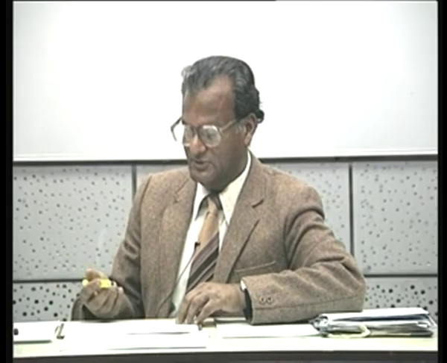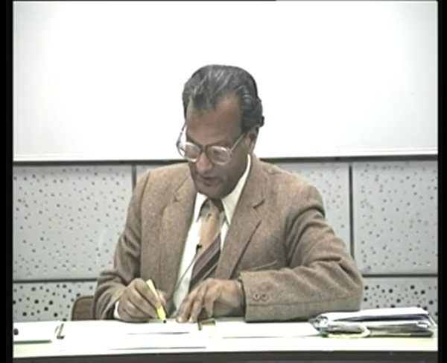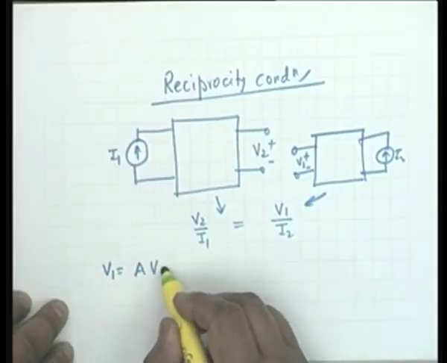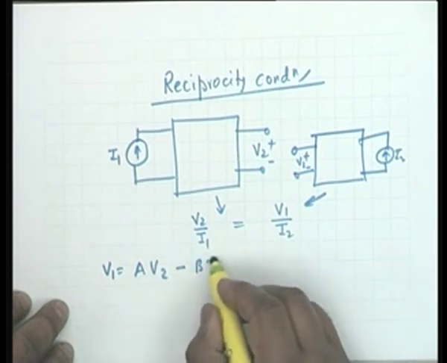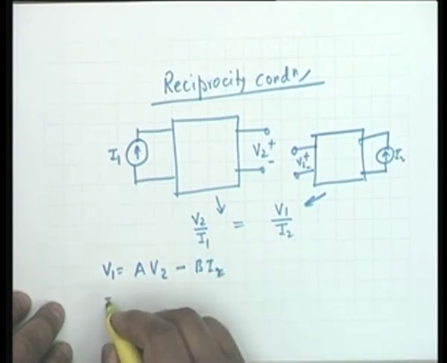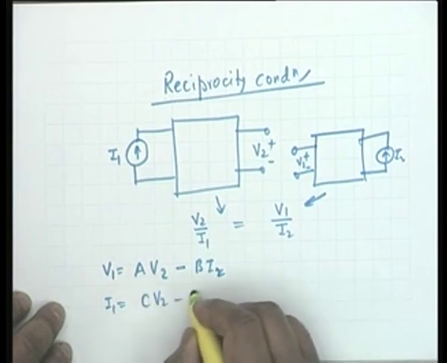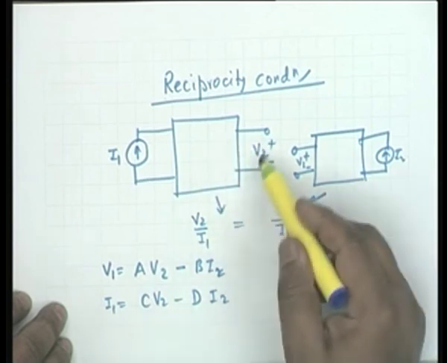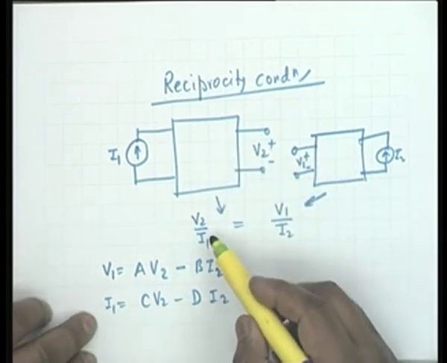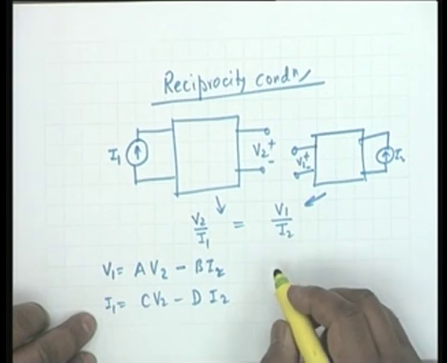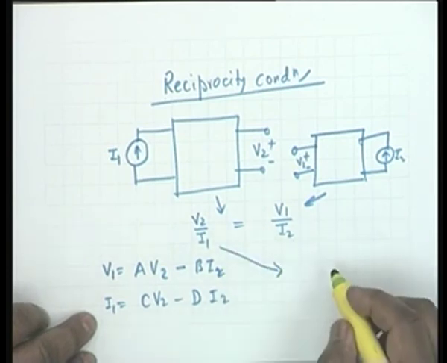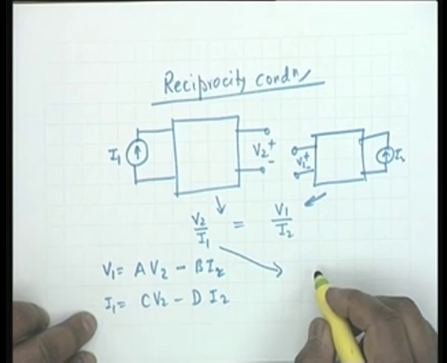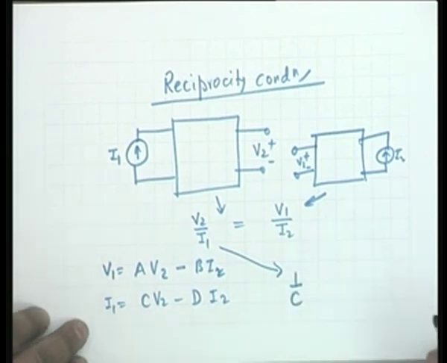Now, if I appeal to my equations, V1 equal to A V2 minus B I2 and I1 is C V2 minus D I2, then under the condition that I2 is 0, what is V2 by I1? It is simply 1 by C.